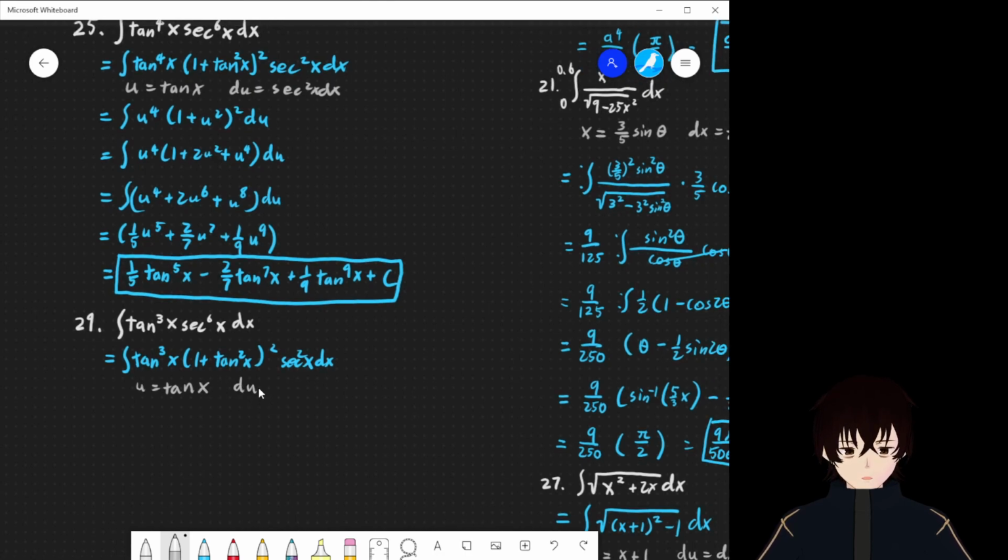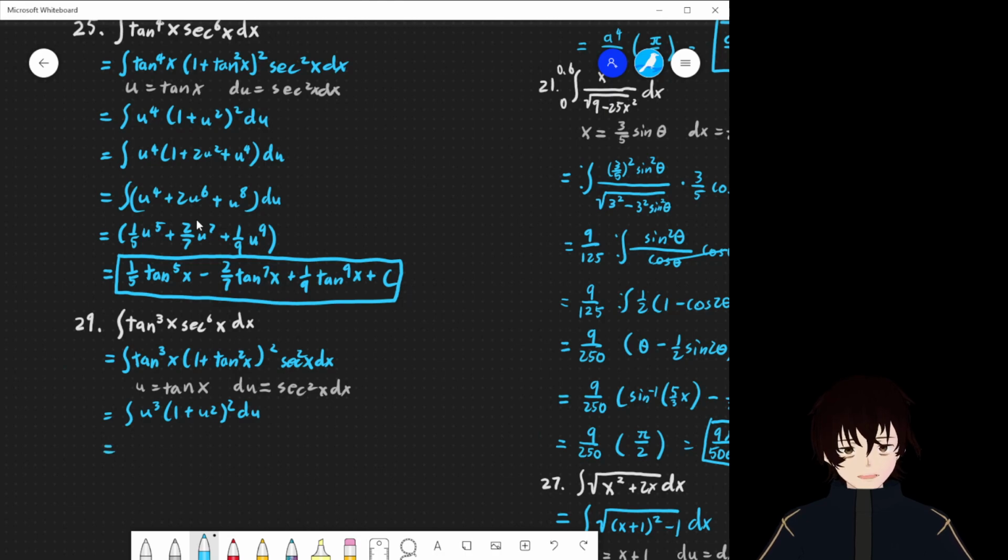Anyways, du, sure enough, is equal to secant squared x dx. So then we can rewrite our integral as u to the power of 3 times 1 plus u squared du.